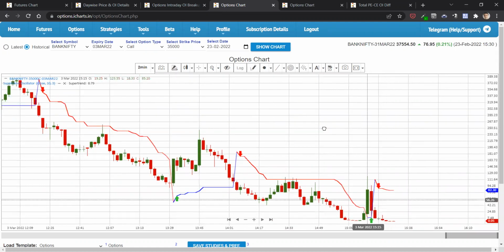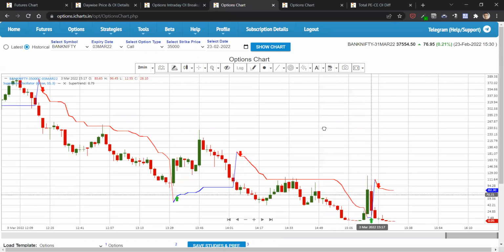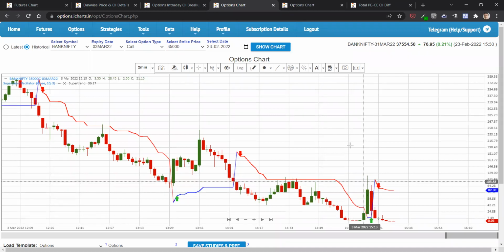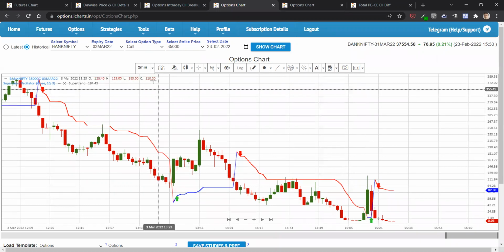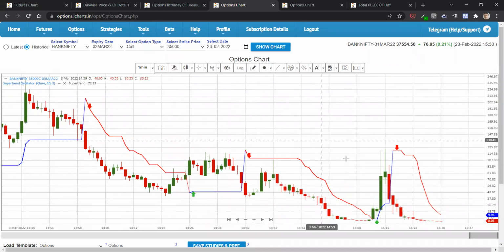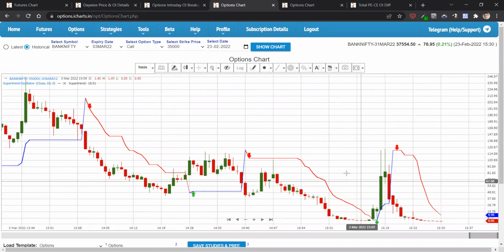I think you would be in the trade only after this has gone, because the supertrend signal you got after 3:15. It was over by that time. It's such fast moves. There's absolutely no way to catch unless you are scalping using real-time data and all that. Maybe on 1 minute, but see, it doesn't make sense.